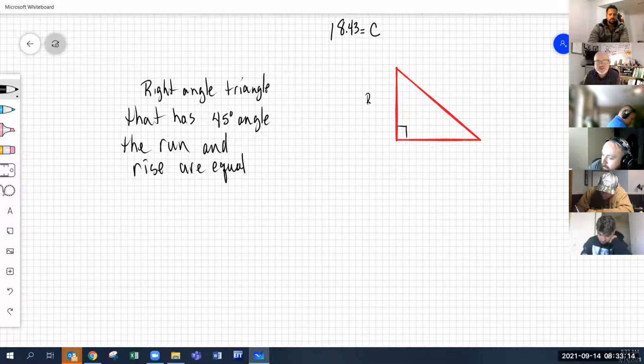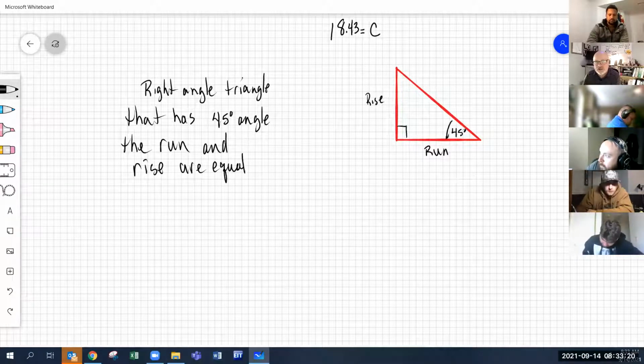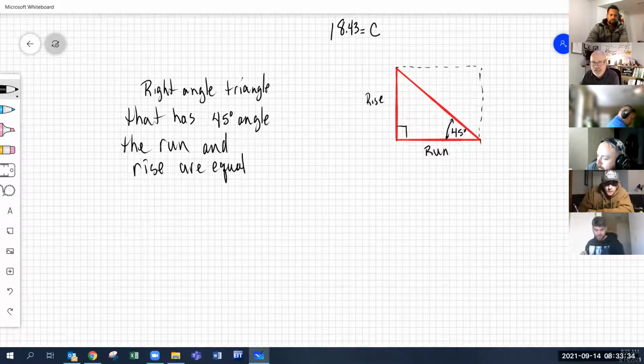Remember, we called this the rise or the offset, and we called this the run. In a 45-degree right angle triangle, the rise and the run are always equal because basically it's just an exact square, right? And that means all the sides are equal if the angles are 45 degrees.